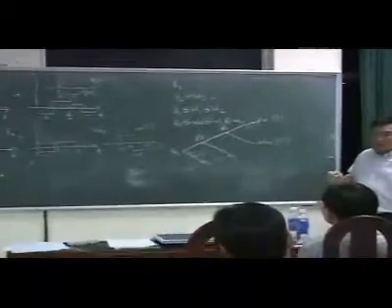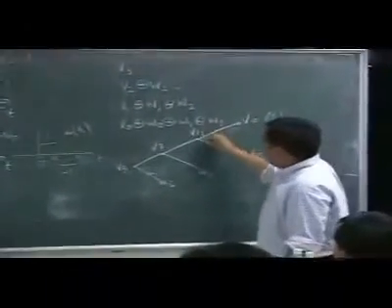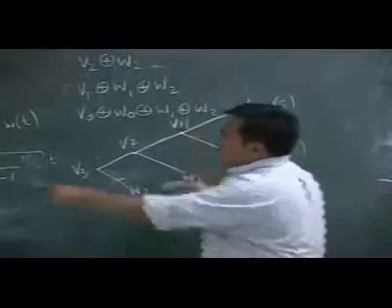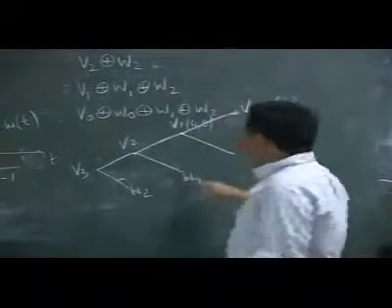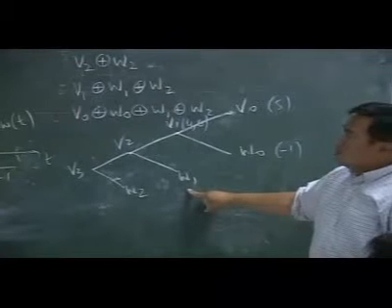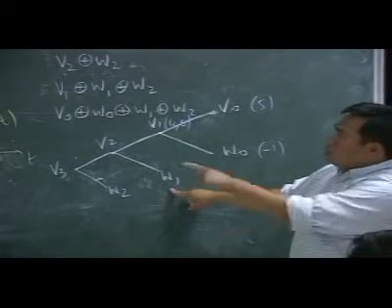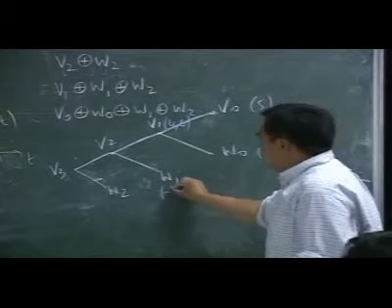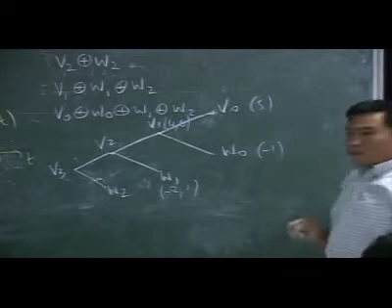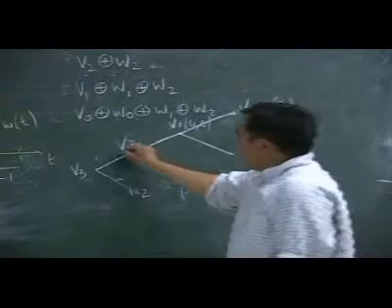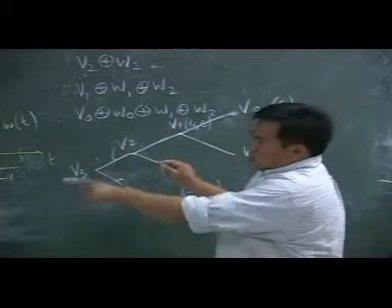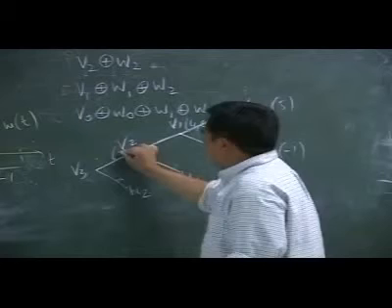Alright? How about this one? It will be 4, 6. Right? 4, 6. How about W1? -2, 1. Okay, now V2. 2, 6, 7, 5.